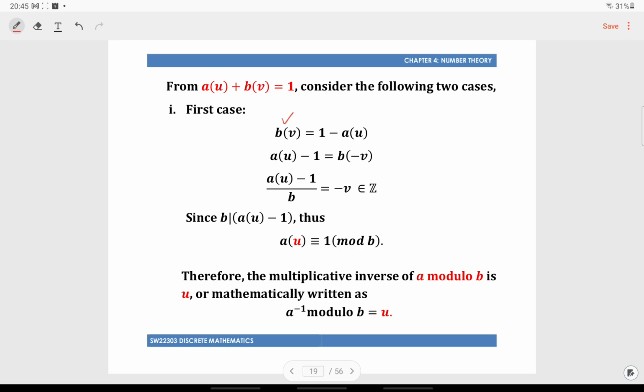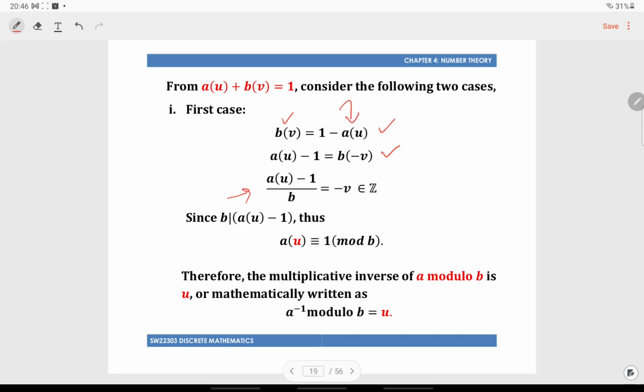Now we take b to the other side, so we have the following equation. We rearrange this equation: we put au in front.